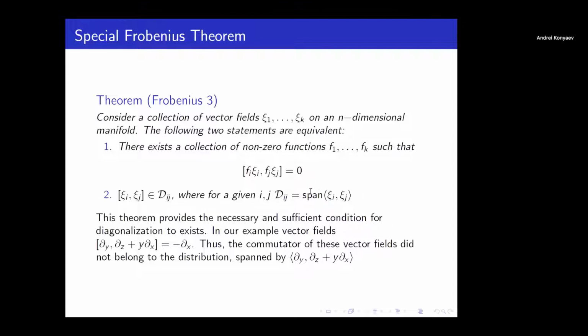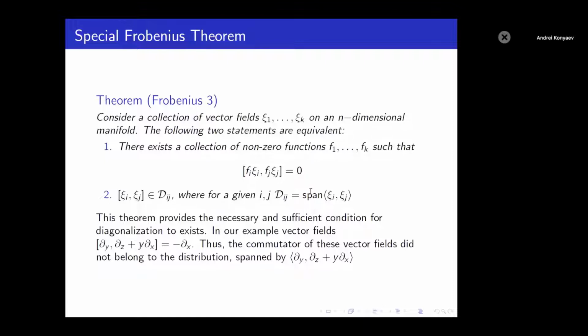So basically what we're saying is that if we have three vector fields, 1, 2, 3, first, second, third, then we have three two-dimensional distributions like D12, D23, and D13, right? And what we need is for all the pairs of vectors to commute.